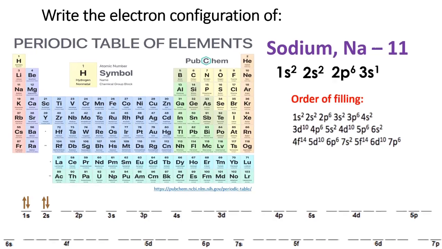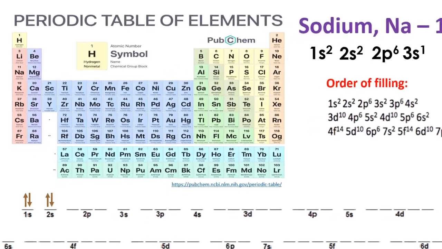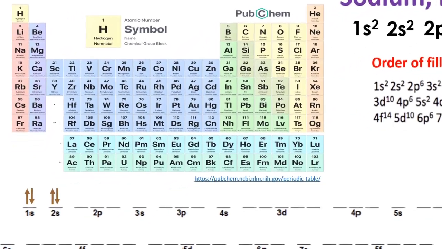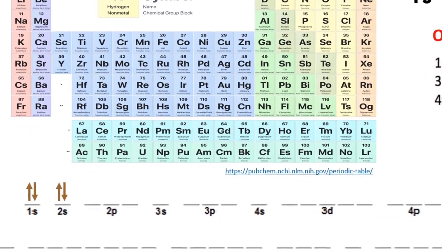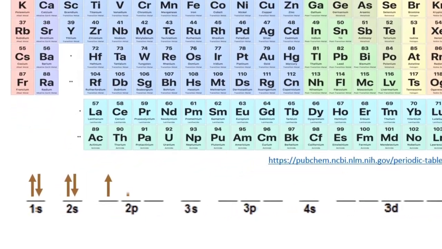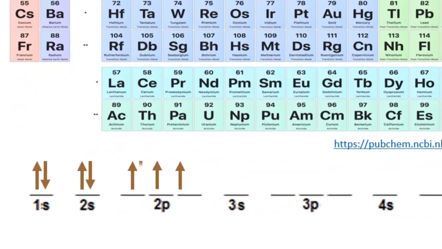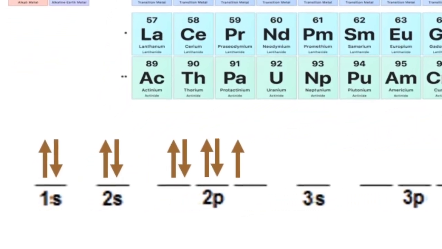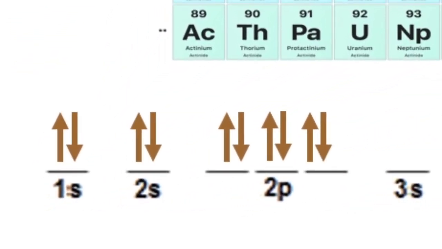Look closely at how the filling of the 2p orbital followed Hund's rule. Each electron with the same spin occupied each orbital first before they paired up with another electron with an opposite spin. And 3s1.